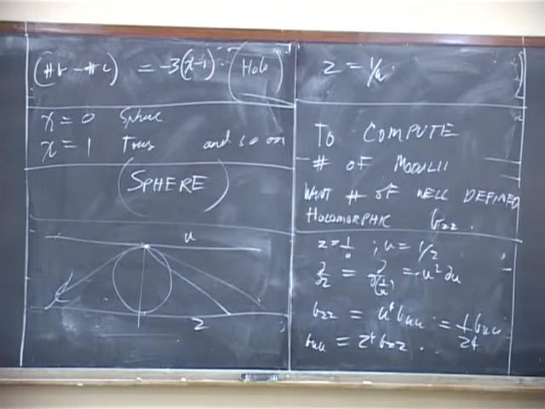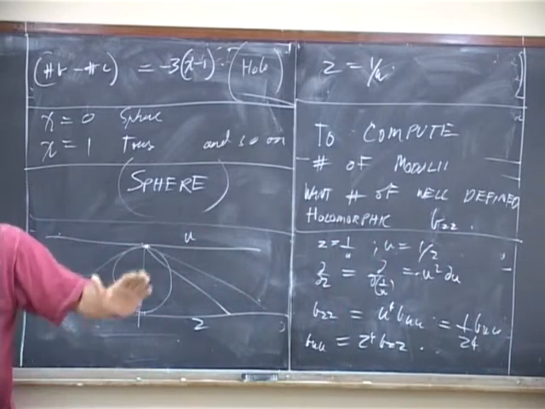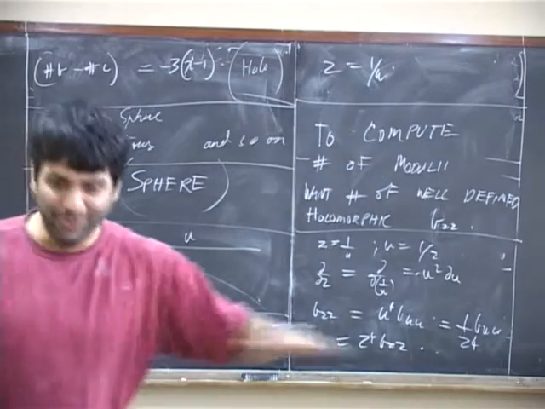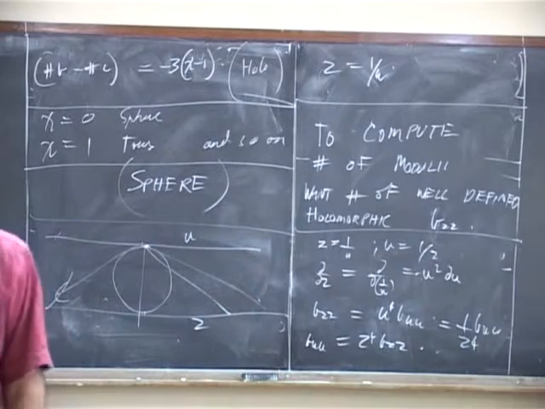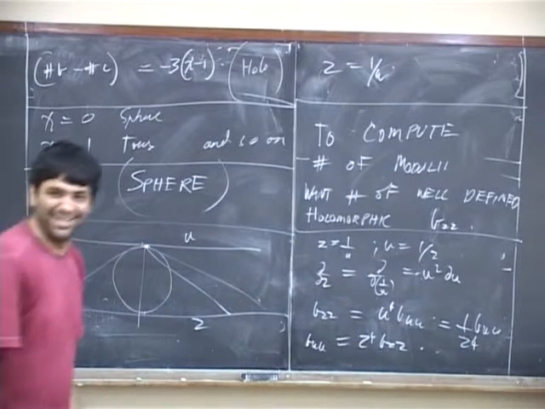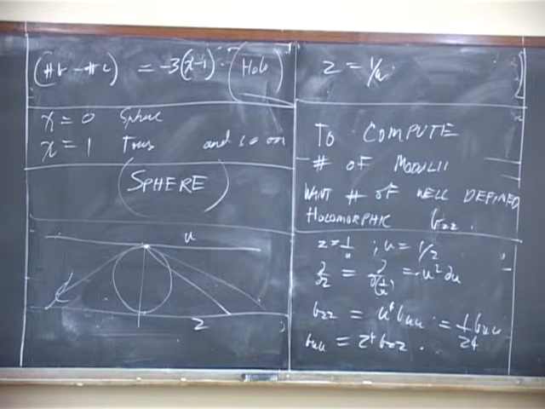Yes, that's the famous theorem, right? That the only function that is bounded and analytic everywhere is the constant. So there's no analytic function that satisfies this property.